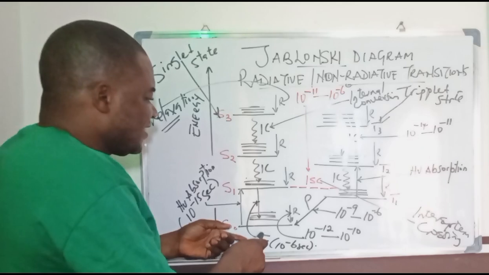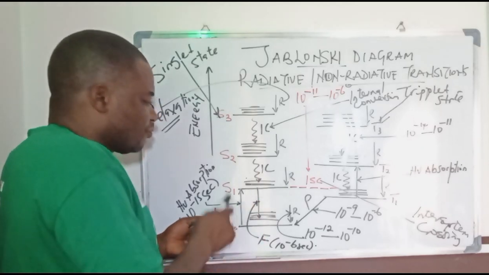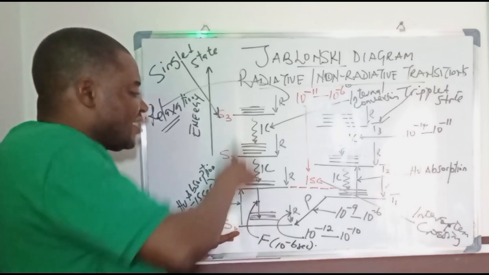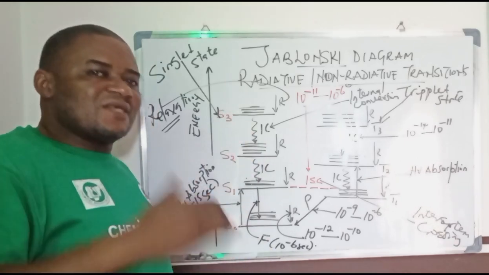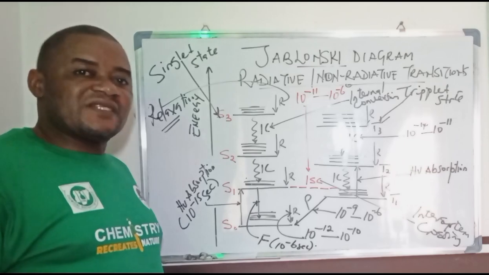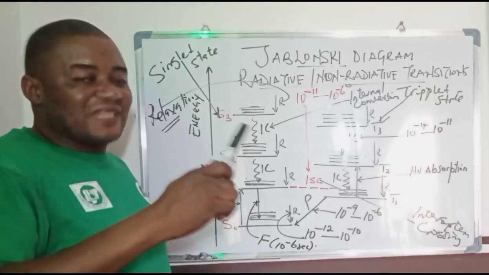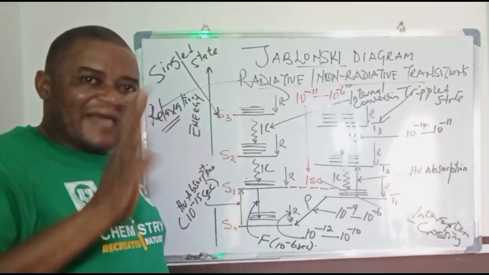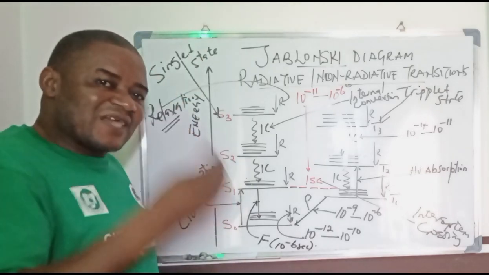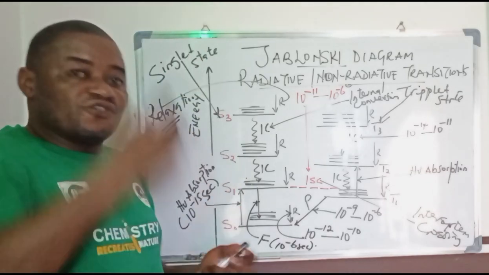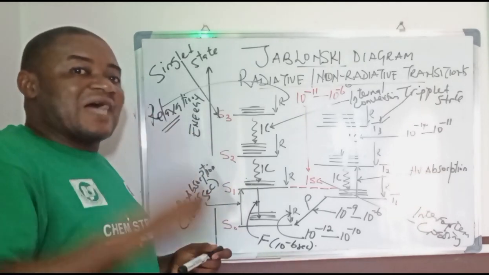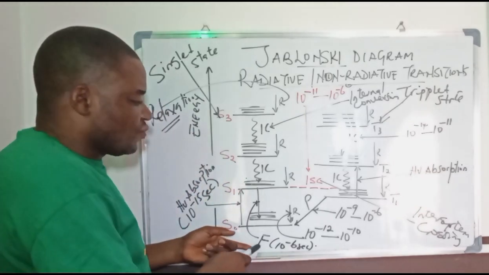So once it goes up from S0 to S1 and loses energy or radiation immediately, it falls within 10 minus 6 seconds. So it's as a flash. And that is why it is possible for you to have fluorescent bulbs and to also have your television screen showing with the lighting that you see, because that fall in transition is that fast and quick that as the molecule continues to fall from the S1 down to the S0, it emits that radiation as fast as possible, and it gives you a fluorescence.